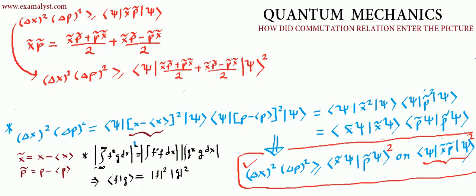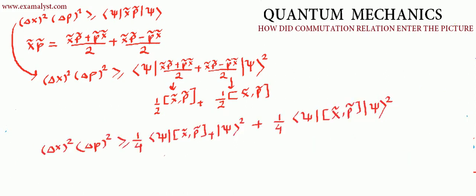Now this one is actually written in another style, so that is x tilde, comma p tilde. So this is the anti-commutator relation. In the anti-commutator there is a plus sign here, and this other part is the commutator relation. So keep the half outside, and the second part is the commutator between x tilde and p tilde. Agreed?